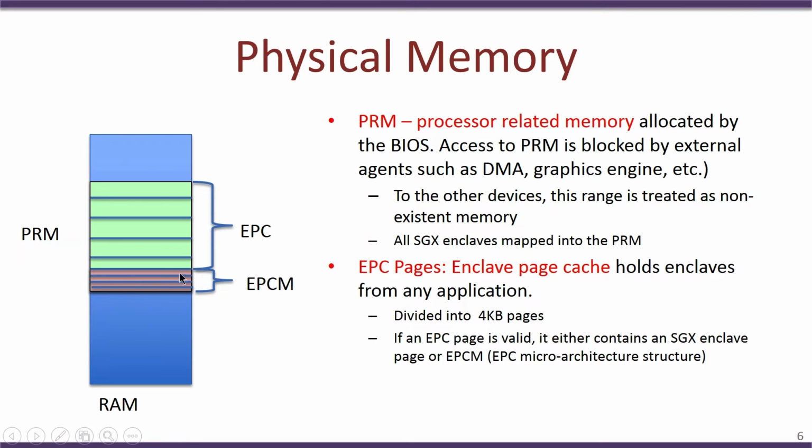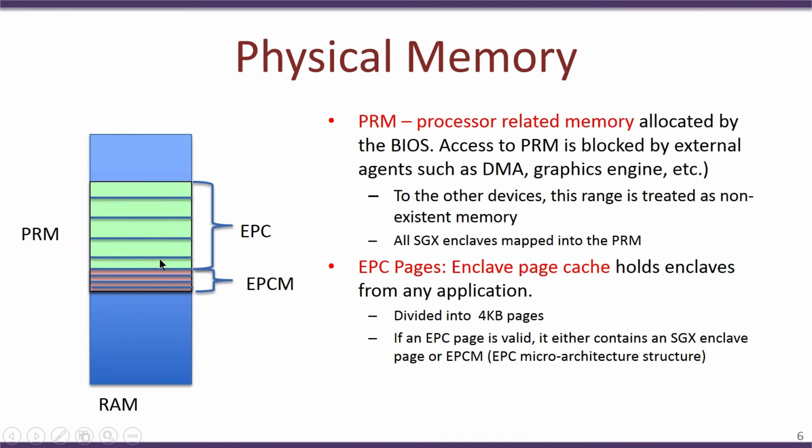So there is a hole in the entire RAM of the processor, or rather the operating system sees this PRM as a hole in the memory region, and therefore would not allocate any memory or try to store any other data in this particular region.